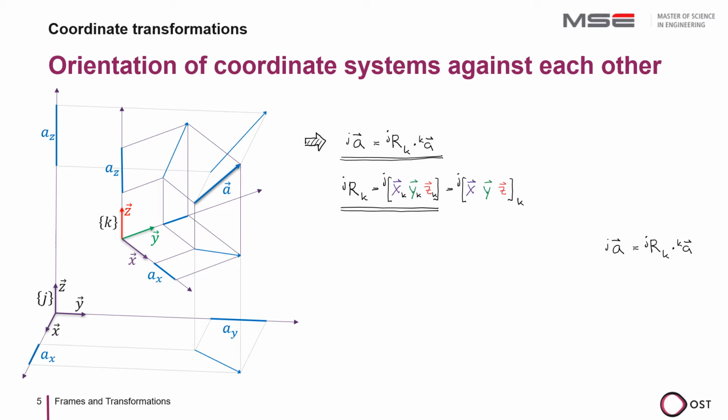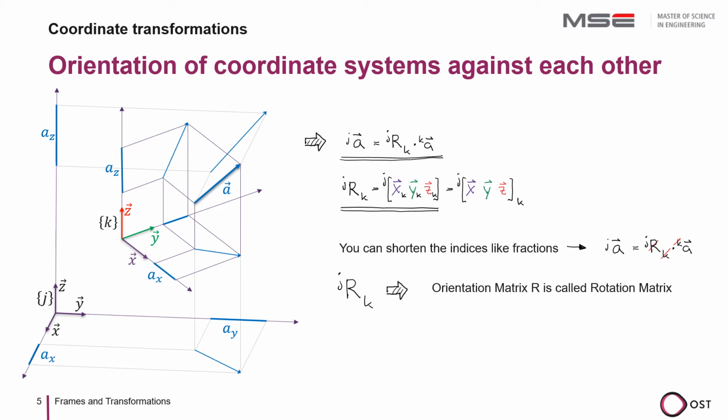The use of the indices is quite intuitive if you imagine that you can shorten them as you perform the transformation. The orientation matrix R is usually called rotation matrix.